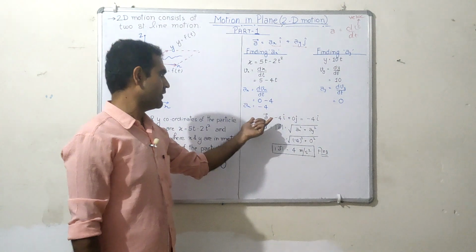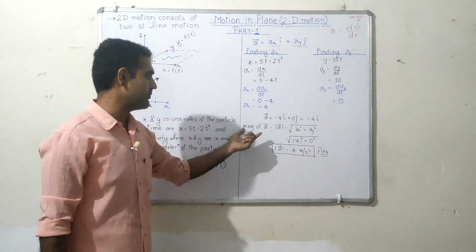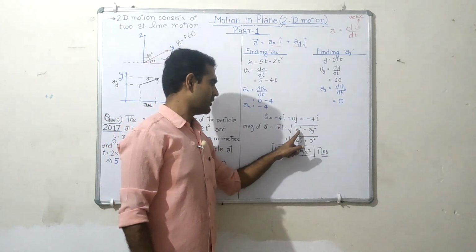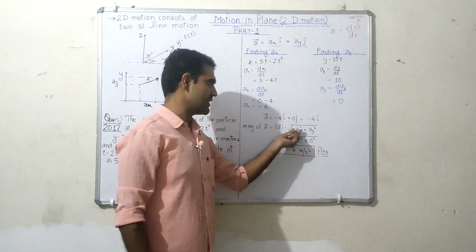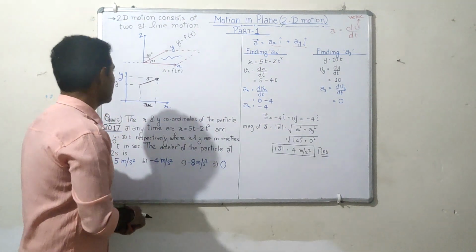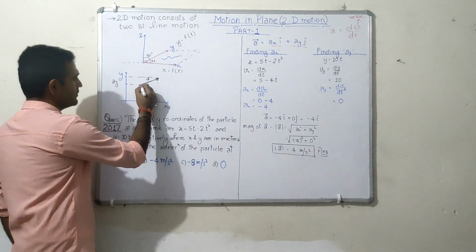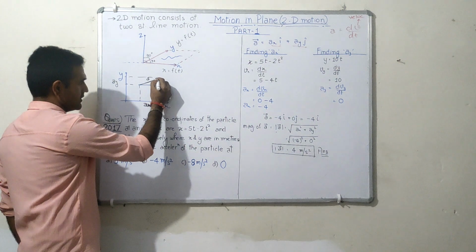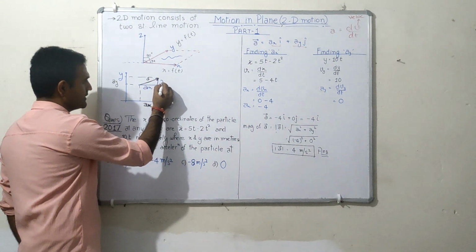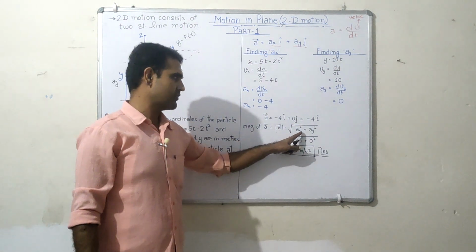Now in order to find the total magnitude, this is in the vector form. The magnitude means modulus. Modulus is given by the square root of ax square plus ay square, meaning the x coordinate square plus the y coordinate square. This formula comes from the fact that this vector can be taken as a right angle triangle where this is ax and this is ay, and applying the Pythagoras theorem we get this formula.